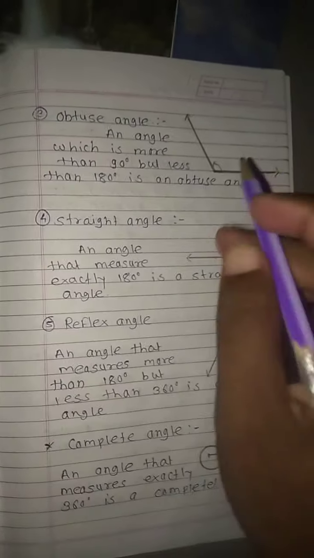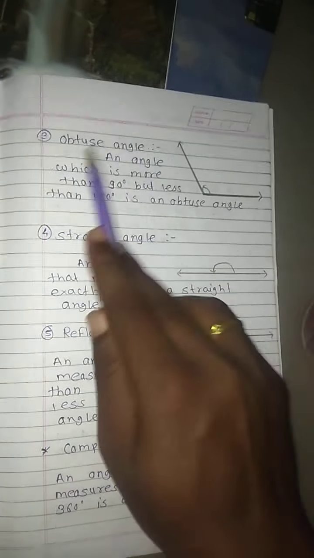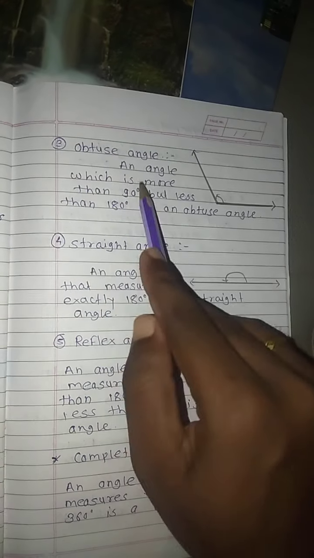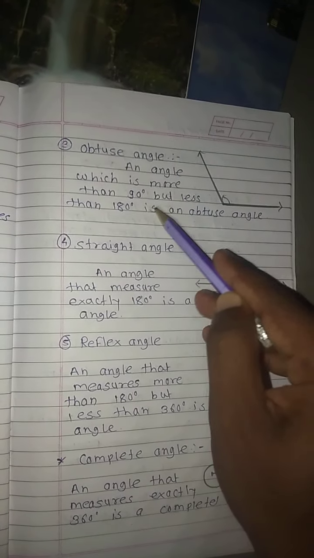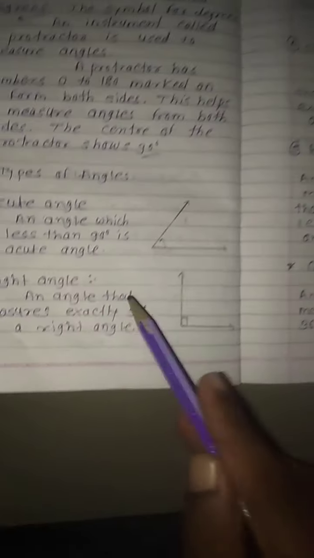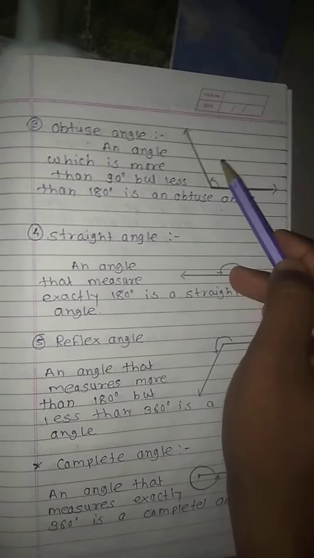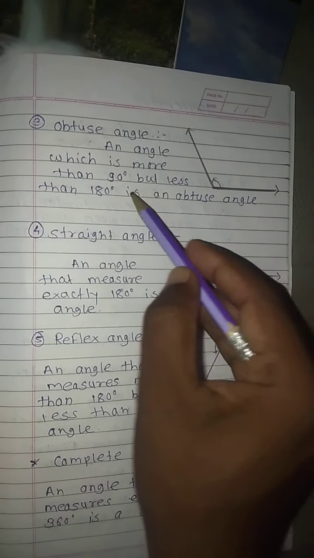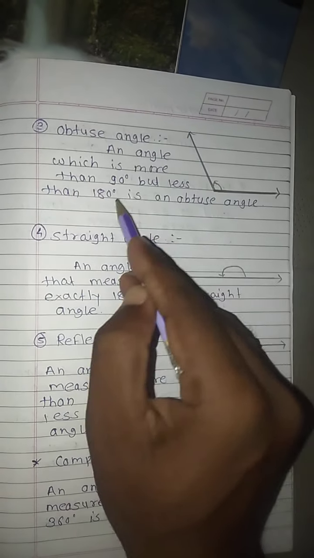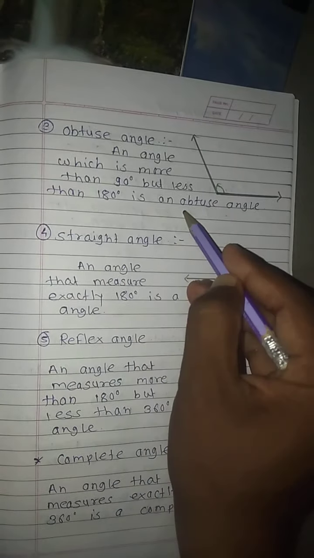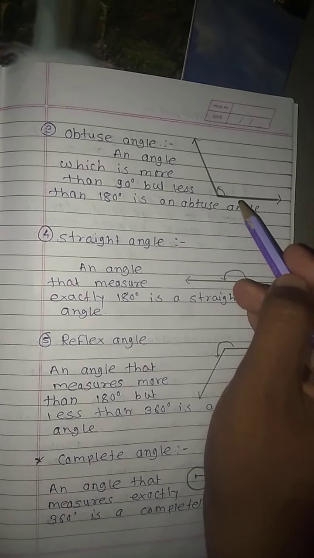Now we will discuss the next part, the obtuse angle. An angle which is more than 90 degrees. You observe this is 90 degrees, this is smaller than 90 degrees, and this is bigger than 90 degrees. The angle which is more than 90 degrees but less than 180 is called an obtuse angle.